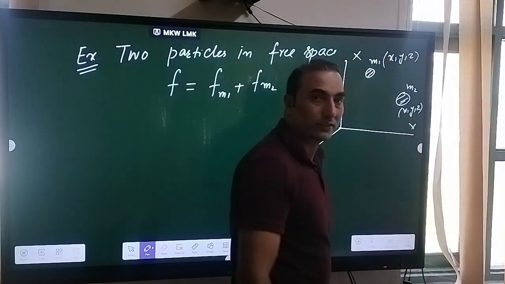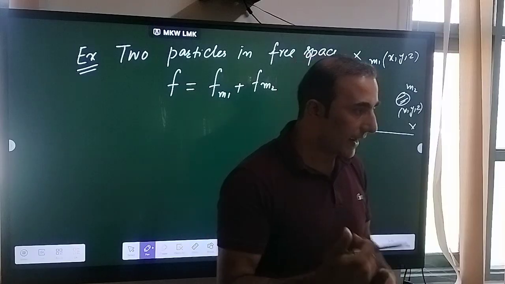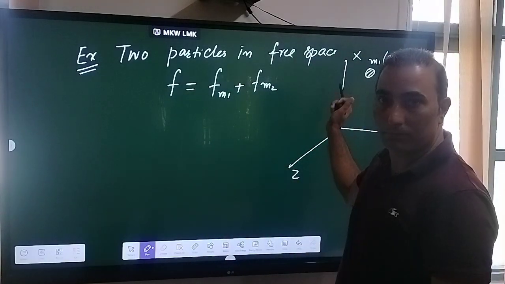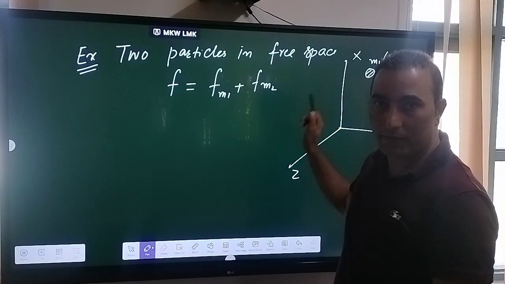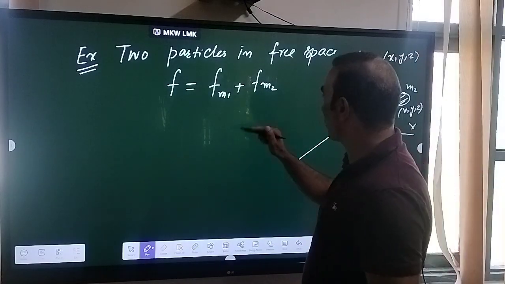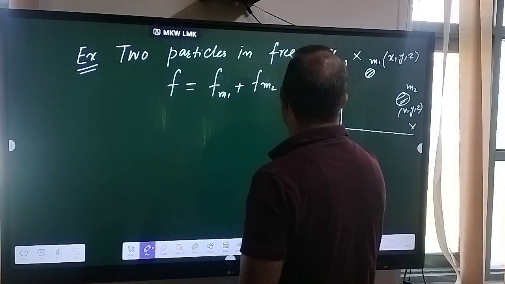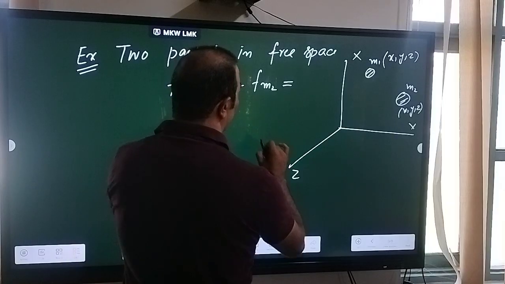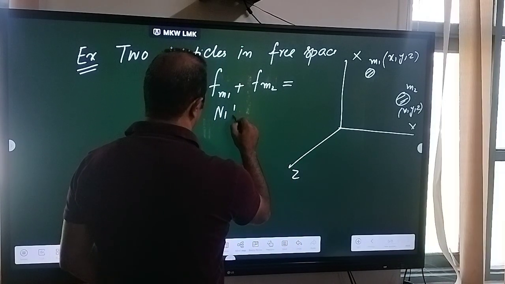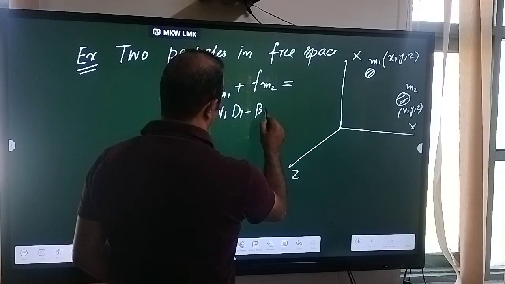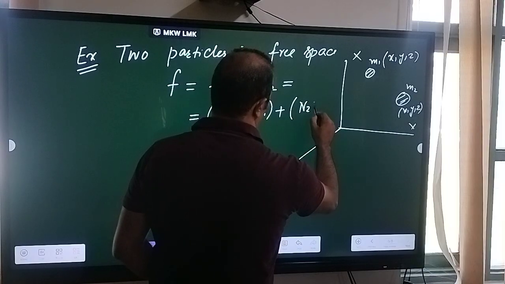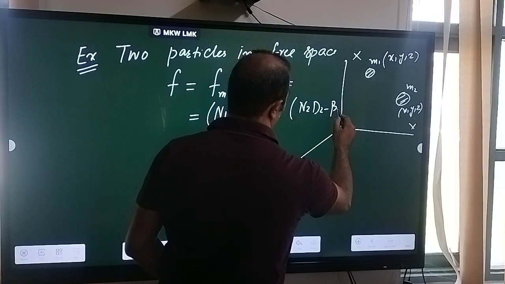So इसके भी coordinates x y z है, right? So we can say that जो total degree of freedom होगा वो degree of freedom due to this mass होगा due to this particle and due to this particle. Okay, so we can say that total degree of freedom will be equal to, because if I calculate the degree of freedom for this one, so this will be equal to n1 d1 minus beta1 plus beta2.